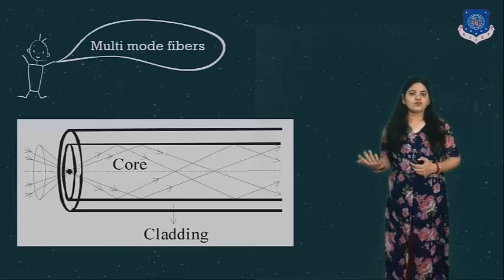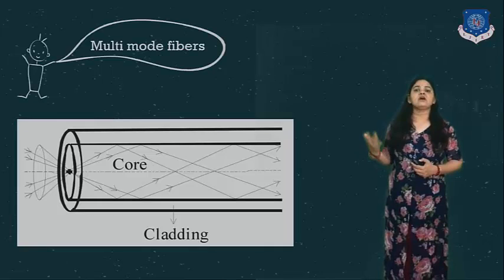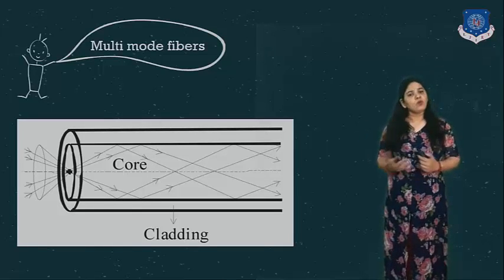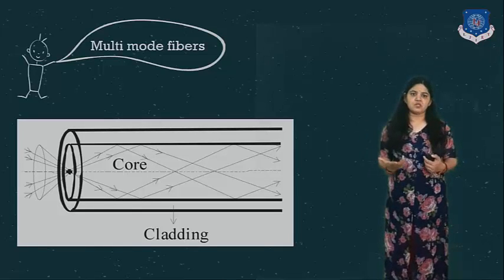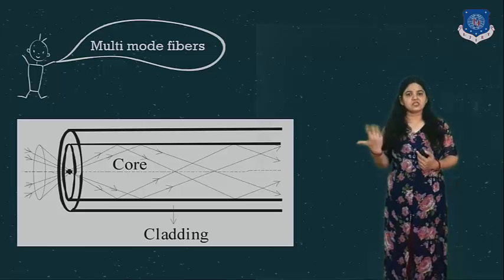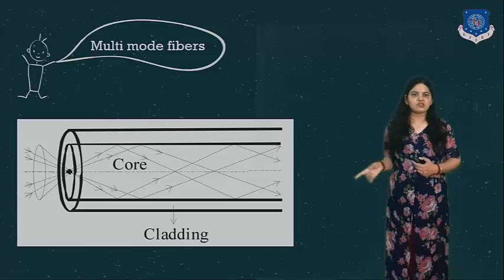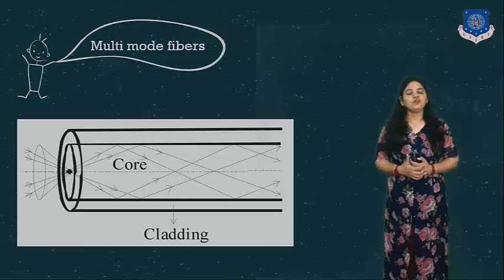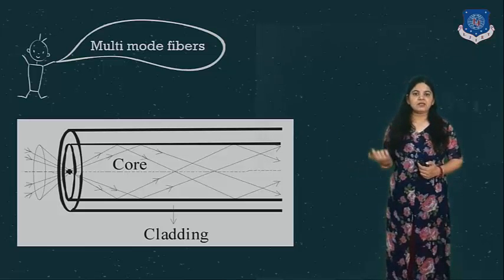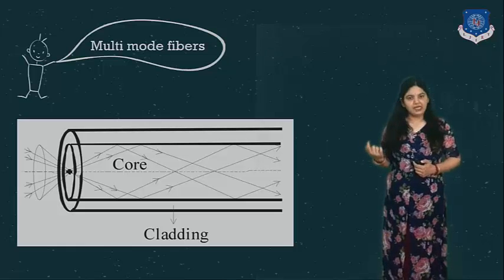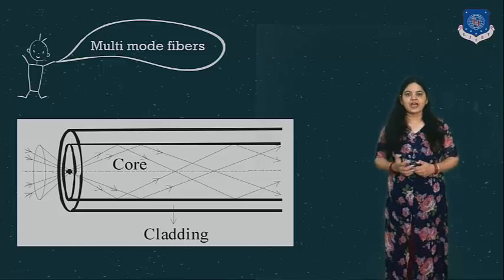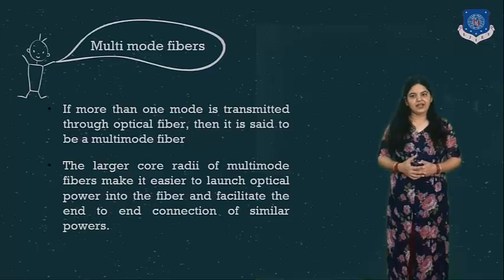Now the second type of fiber is known as the multi-mode fiber. More than one mode can be transmitted using this kind of fiber. Here you can see the number of light rays passing through the optical fiber. The cladding diameter is comparatively smaller than the core, and the core diameter is higher than the cladding.